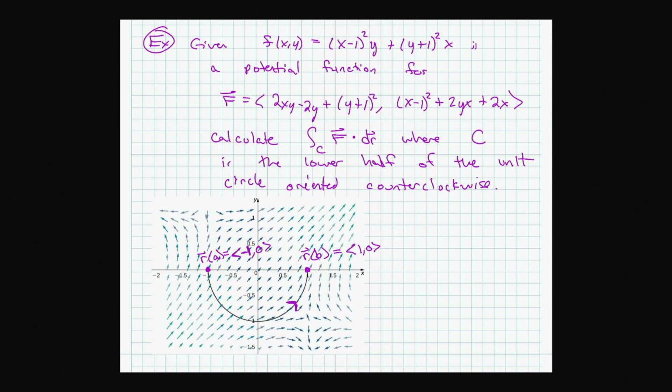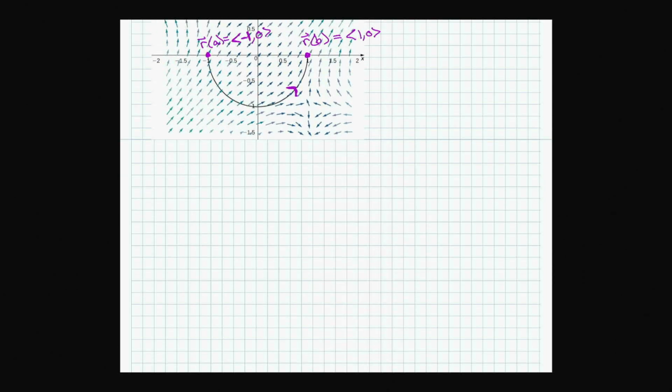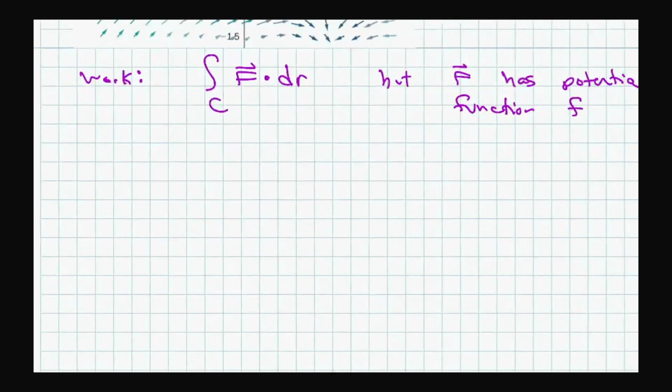I recommend that you don't write nearly as much as what I wrote on the other one. Here's what you should write. So here's our work for actually doing this. We're supposed to be calculating the integral over C of F dot dr. But we know that F has potential function little f, and that means big F is conservative.